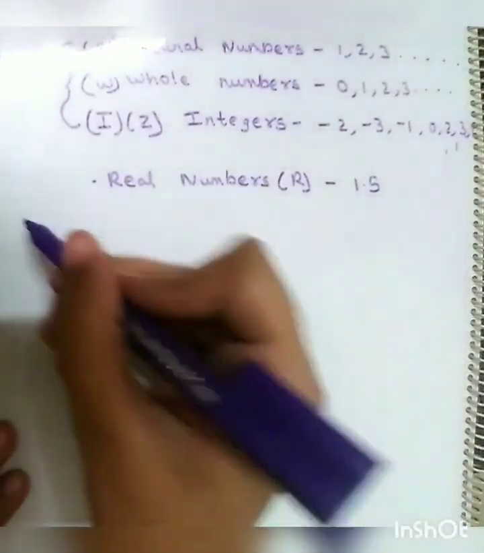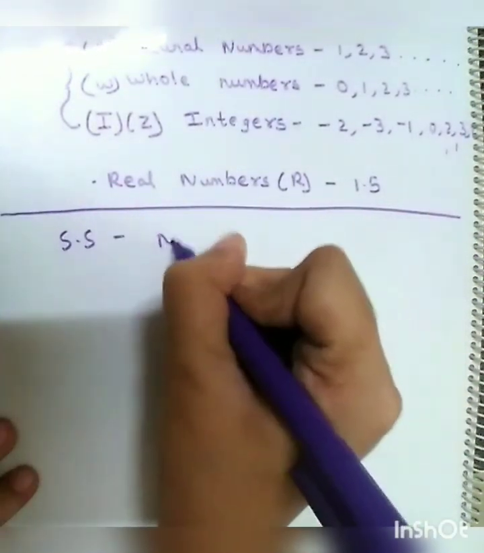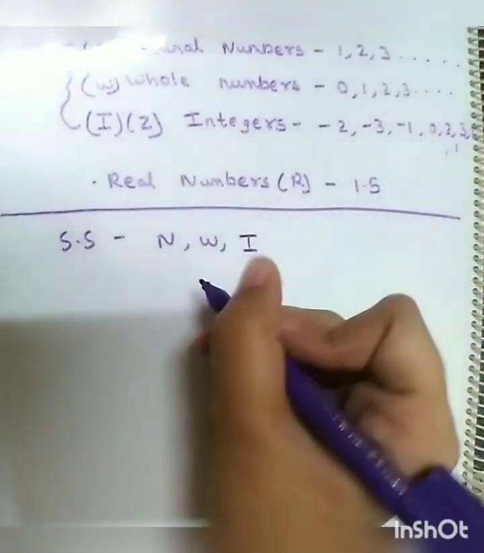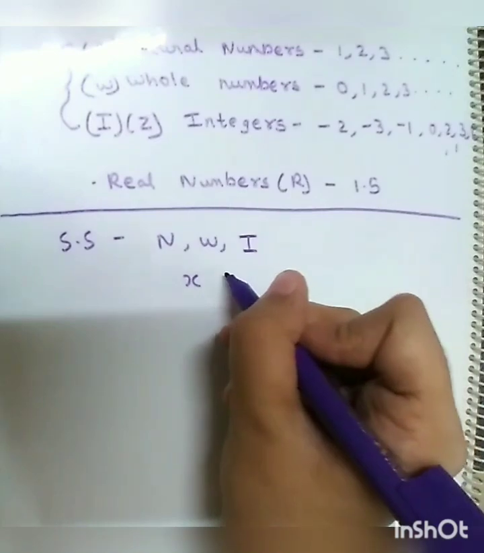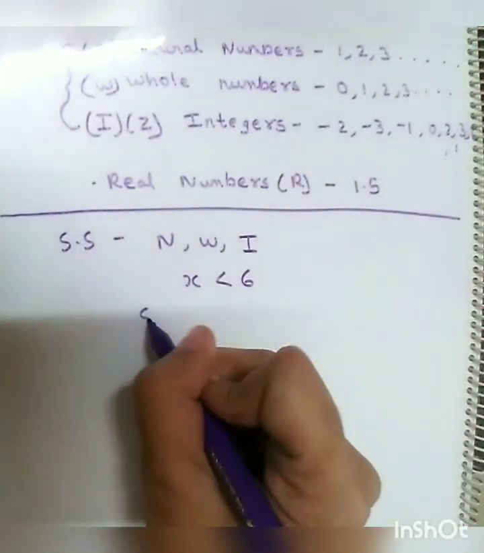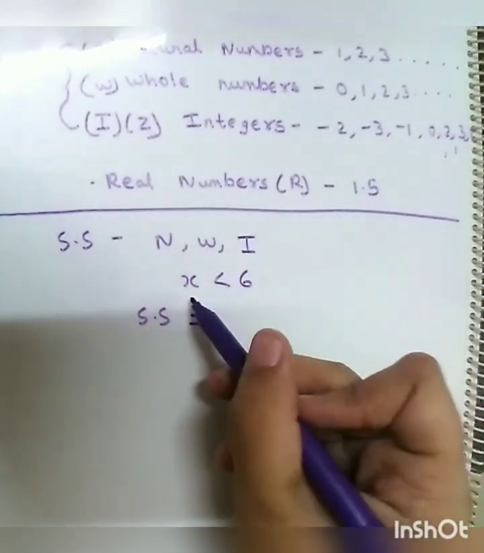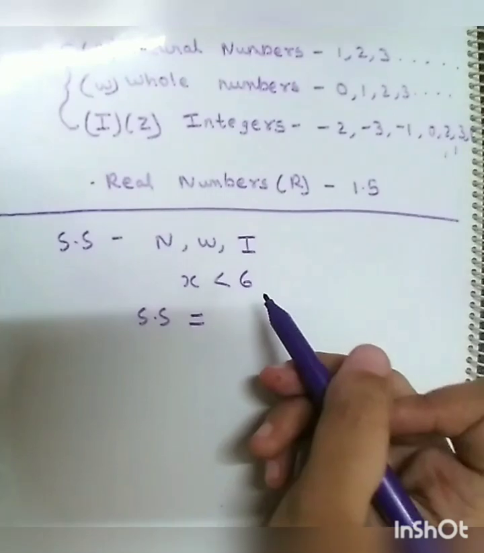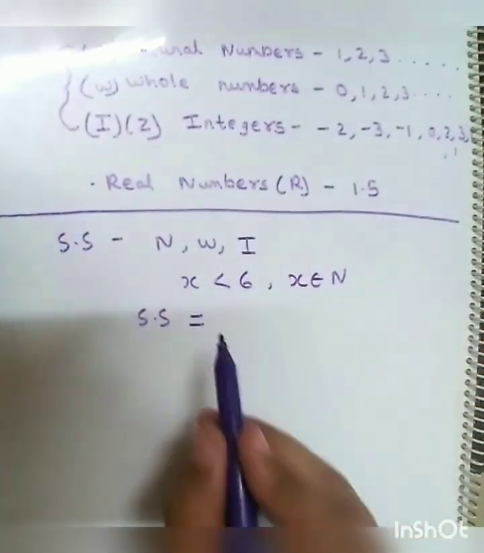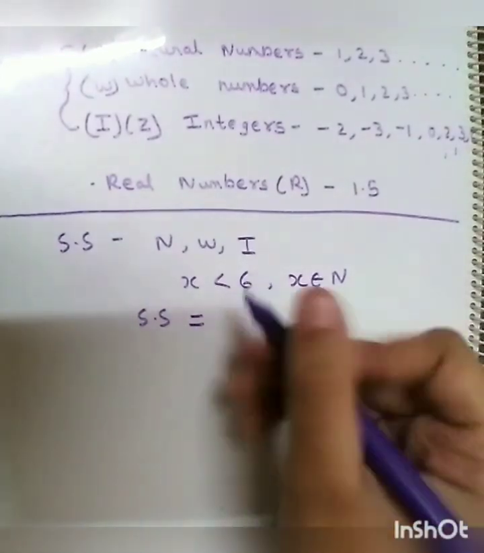So first we will look at the solution set for natural numbers, whole numbers and integers. Suppose we get a solution x is less than 6. In the solution set we have to write all the numbers for which x is less than 6, and here x belongs to natural numbers. So we have to list all the numbers in which x is less than 6.